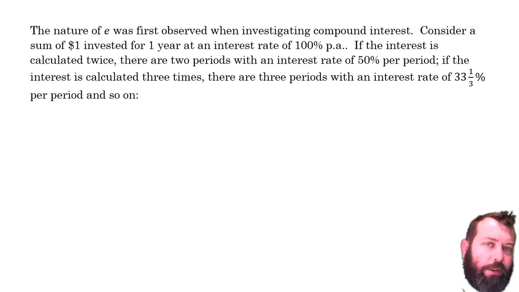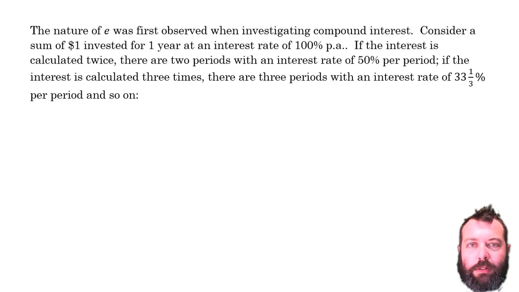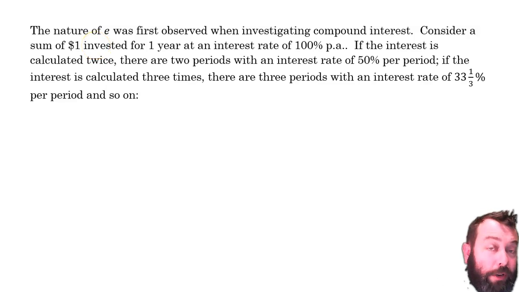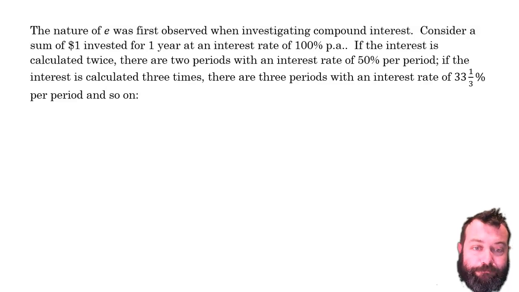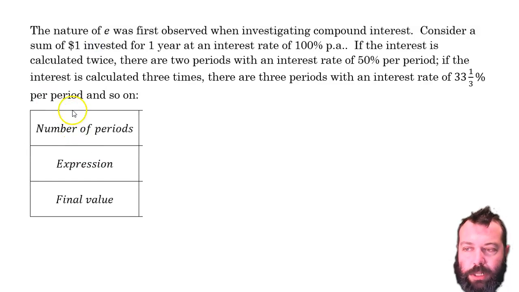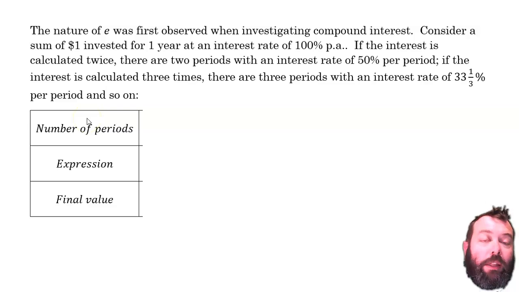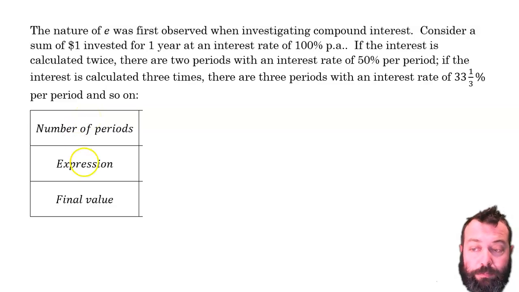If that compounded every 6 months, you'll remember what we do is we halve the interest rate and we double the number of terms. If that compounds 3 times a year, I'll have 1/3 of the interest rate and 3 terms, and so on. So I drop a little table here. The number of periods that this is going to compound per year, an expression for how we calculate that, and an approximation perhaps of what the value would be.